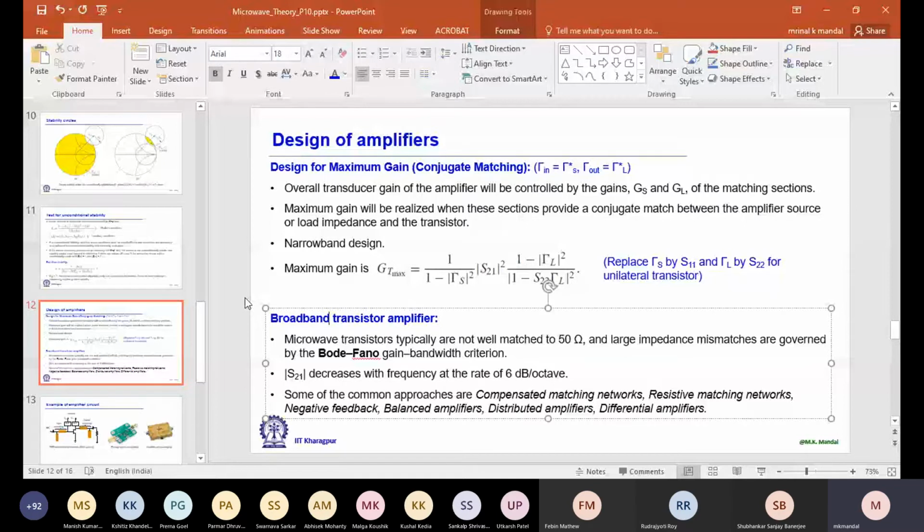When we have both real and imaginary part, then we go for single stub matching. Now, when you do single stub matching, that is valid only at one frequency. Then how do we obtain wideband matching using stubs?